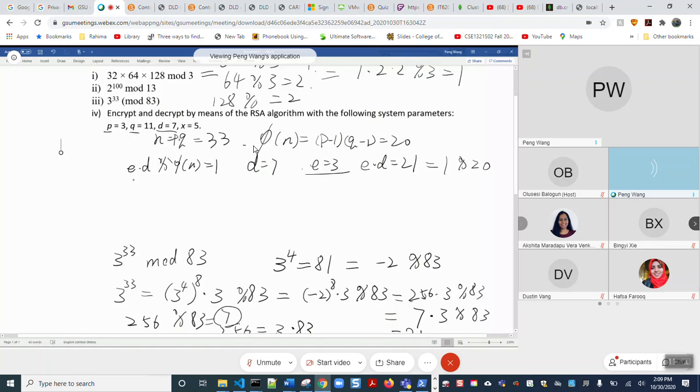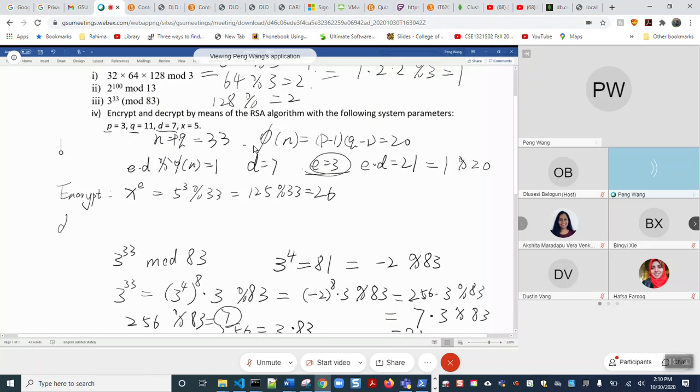And after we get this E, the next step is to encrypt. To encrypt, we use message M power E, which is 5 power 3, then mod N, which is 125 mod 33, and it is 26.